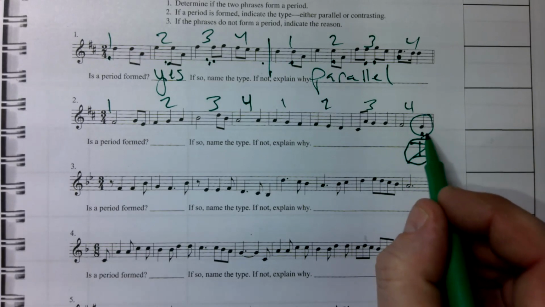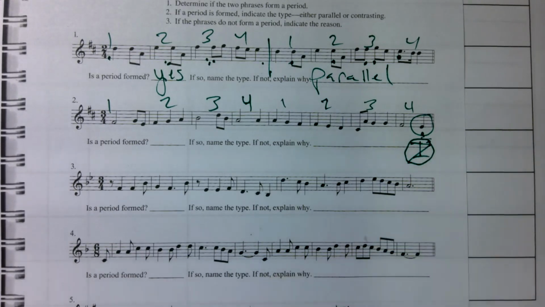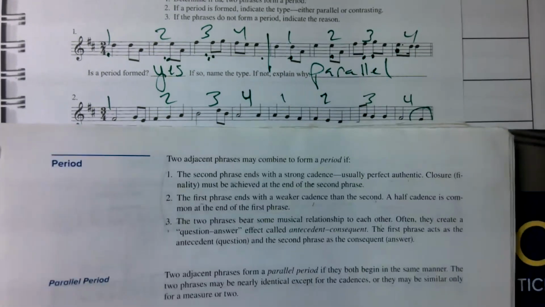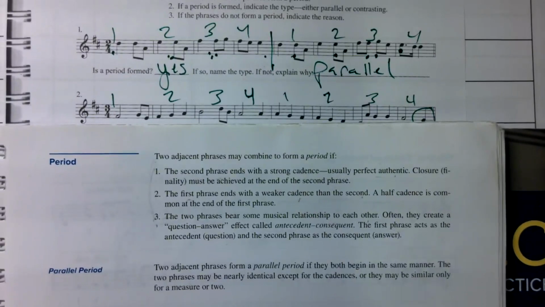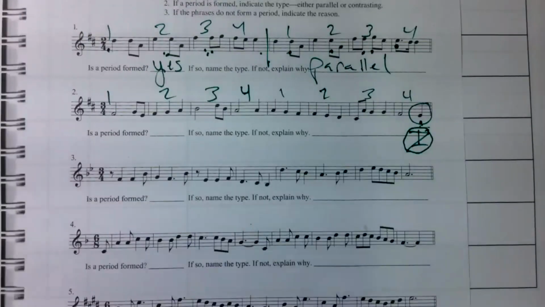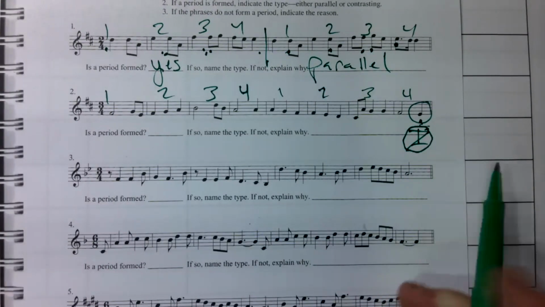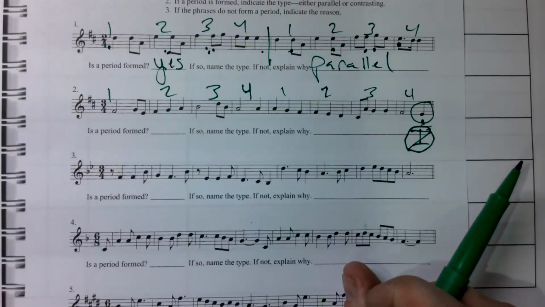Therefore, it must be a half cadence or some other cadence type. So, just by looking at the directions that were given on page 129, the second phrase ends with a strong cadence. In this case, the second phrase ends with a weak cadence. Therefore, this is not a period.